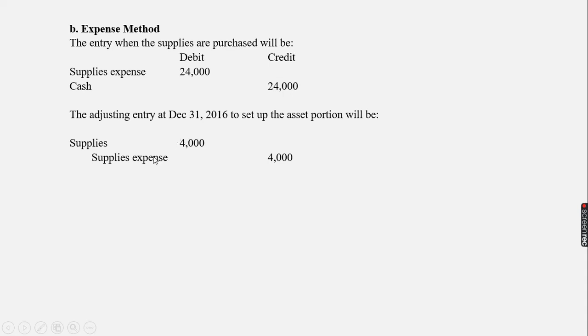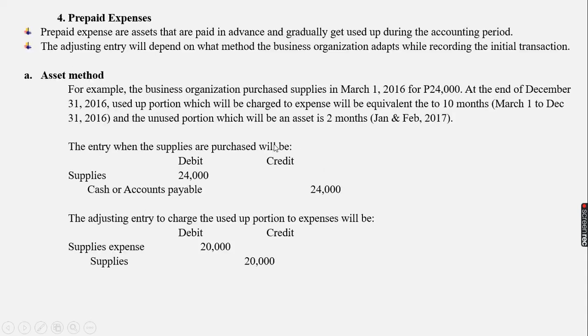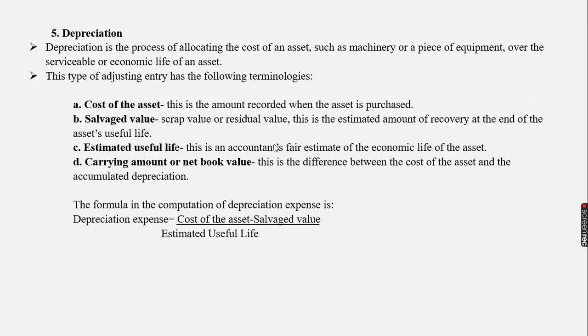In the following months, January and February 2017, what you haven't used yet became supplies worth 4,000. Okay? That's prepaid expenses.